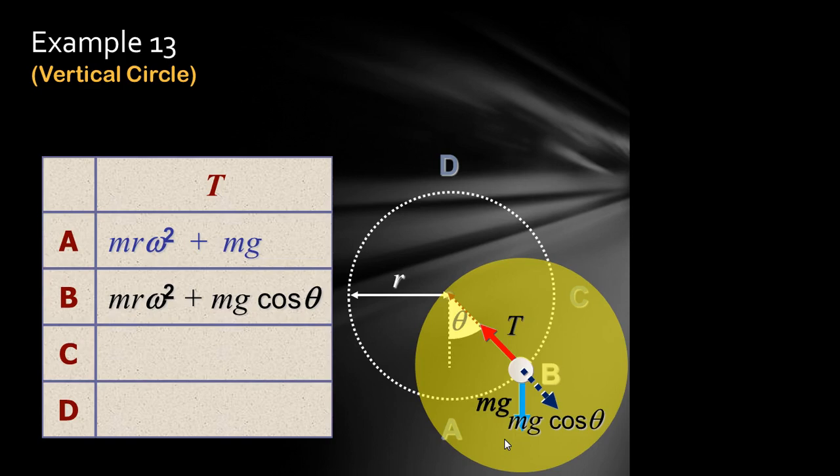Alright. What we have done here is we've resolved the weight into a radial component, that's mg cosine theta. But the weight still has a leftover component that we haven't considered, in the other perpendicular direction. In other words, the weight has a tangential component, and it's in the direction opposite the direction of motion.